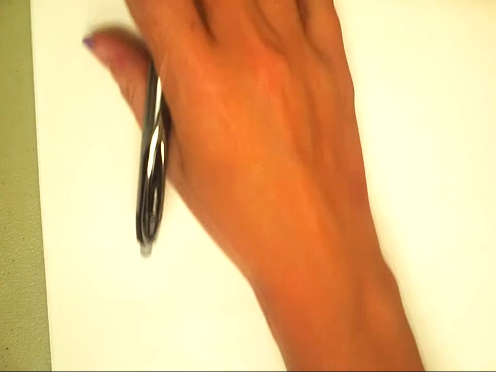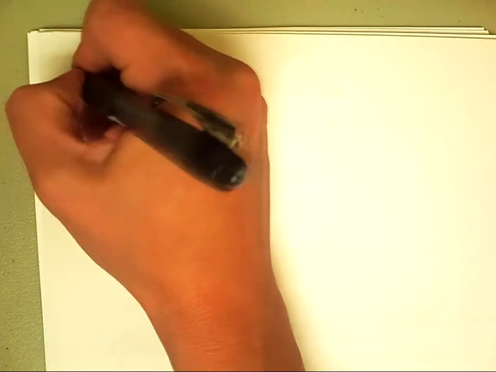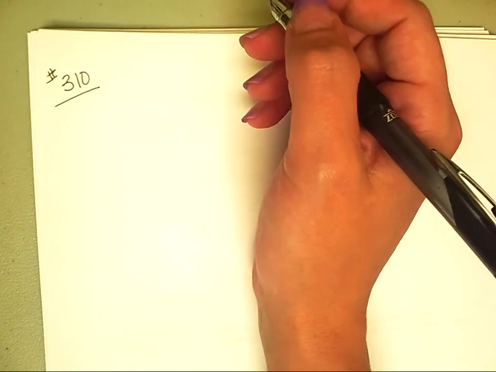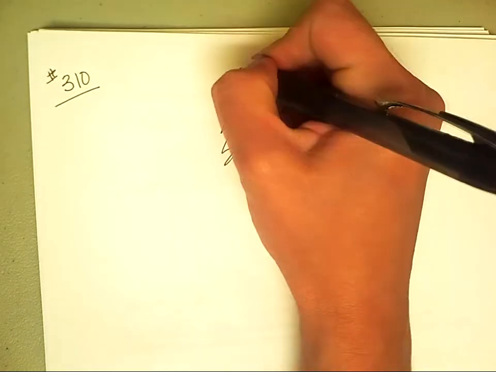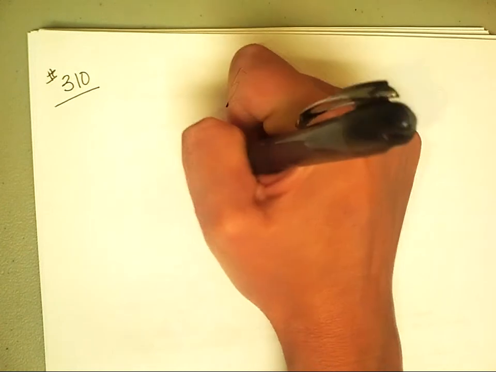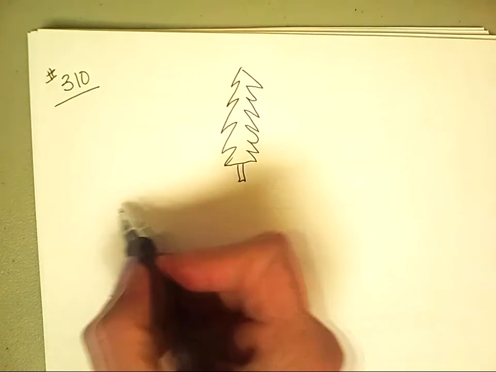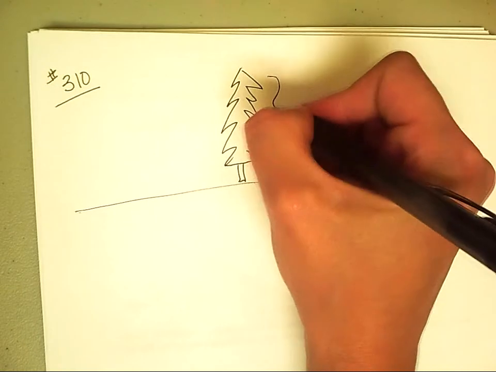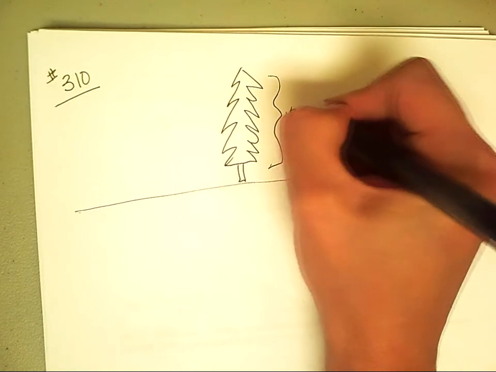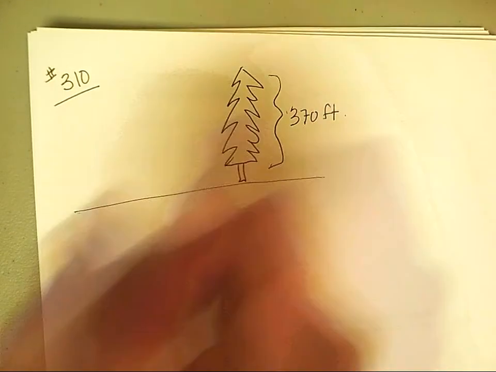Now let's do 310. Okay. Now in 310, we have a big tree. It's a giant redwood, growing off the ground. And in fact, it is 370 feet tall.